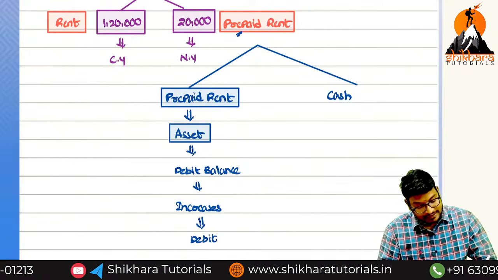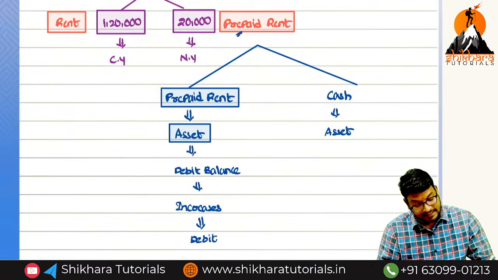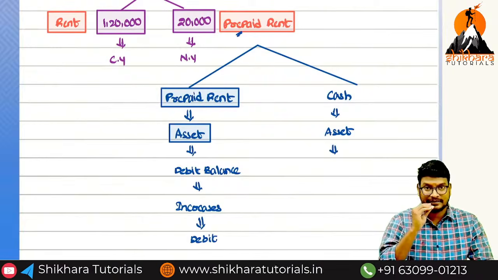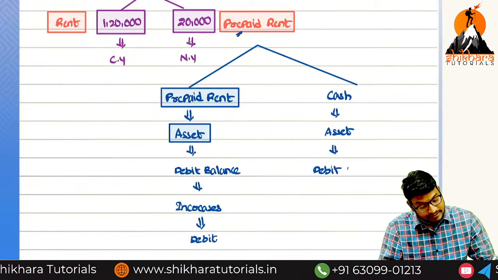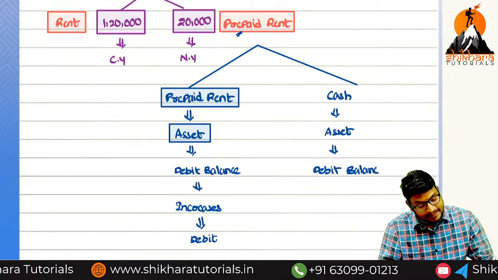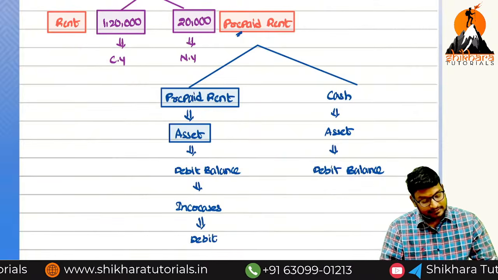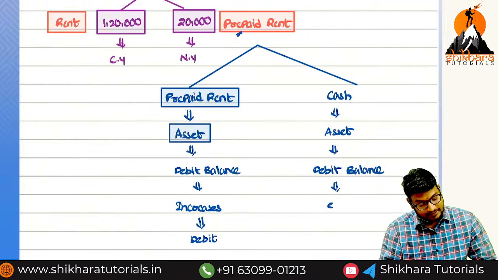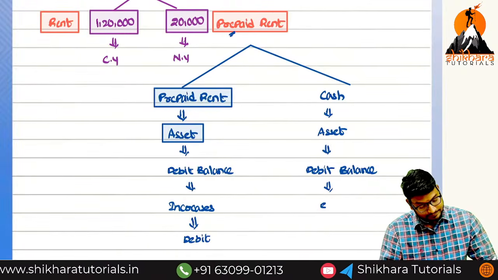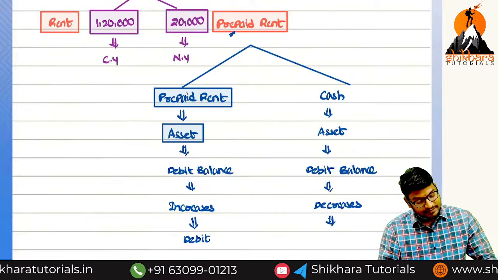Next, coming to cash, we can decide simply. Cash is an asset, having a debit balance. Now the cash goes out, since we are paying the cash. The balance will decrease. If a debit balance decreases, what do we need to do?